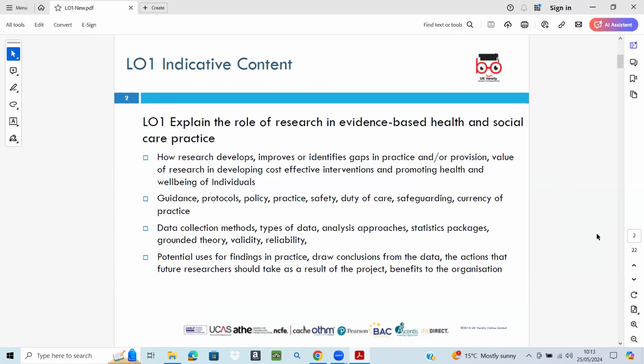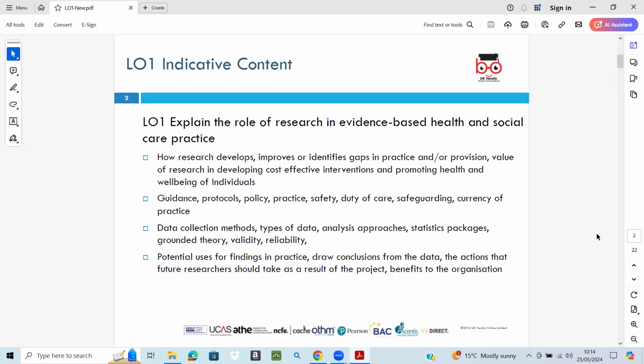So, okay, in the next slide, we will focus on the components outlined under learning outcome 1 for understanding the role of research in evidence-based health and social care practice. And it involves how research can develop, improve, or identify gaps in practice, the methods used for data collection and analysis, and the potential uses and benefits of research findings.